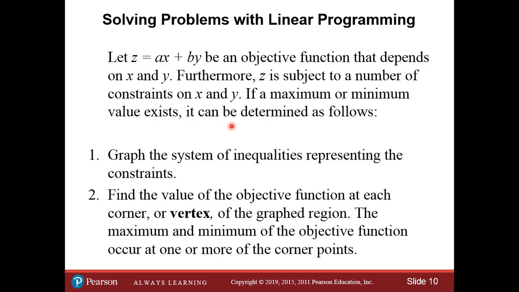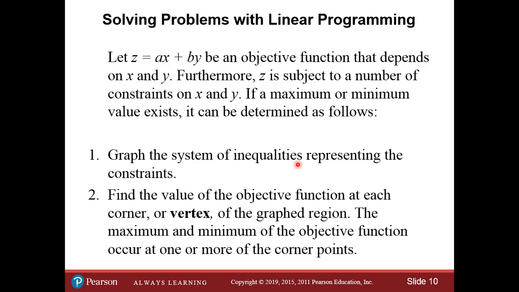This is how you solve these. Okay, so what you're going to do is graph the system of inequalities representing the constraints. And then again, just like we did before in the previous section, you're going to graph the system of inequalities and shade in the solution region. Okay, and what we're going to call this is the feasible region.